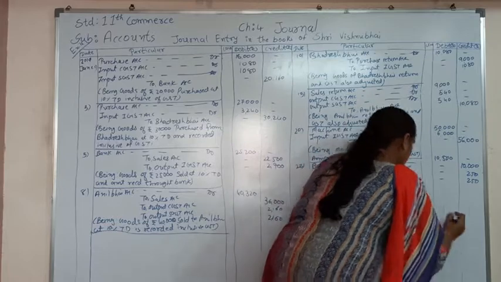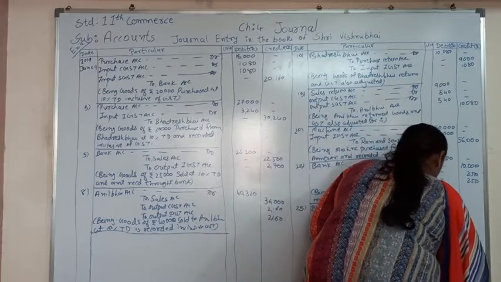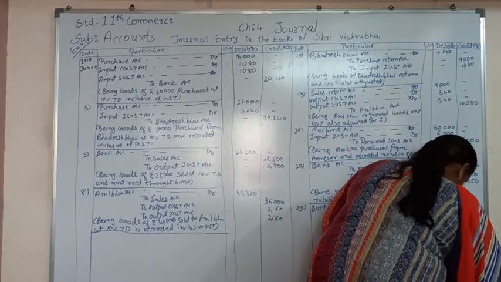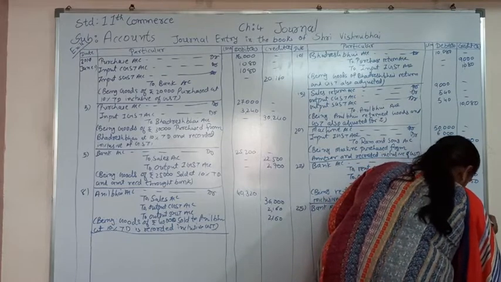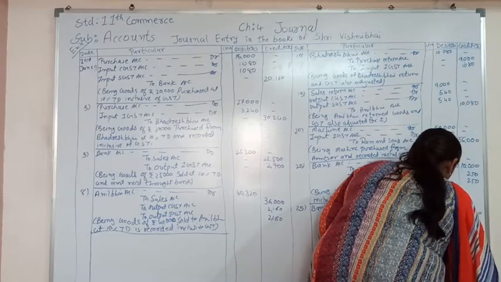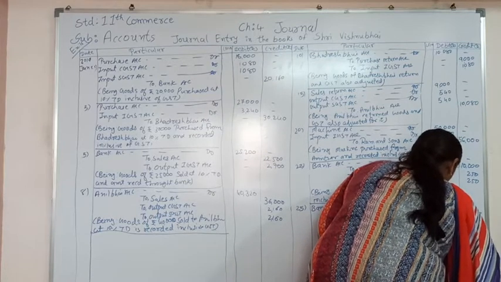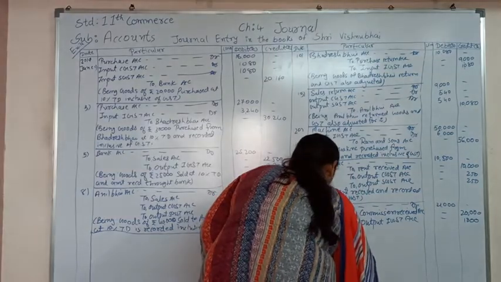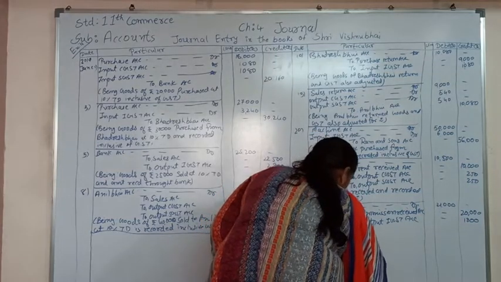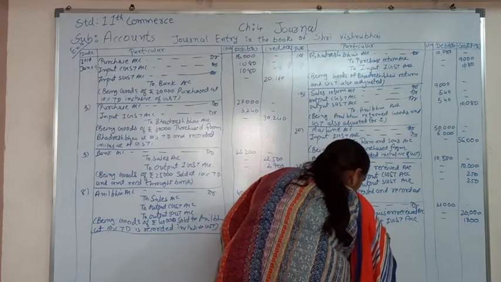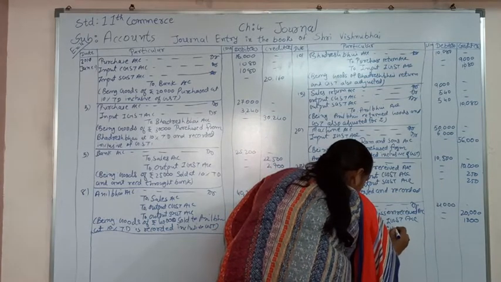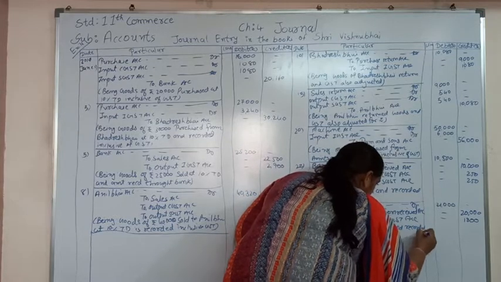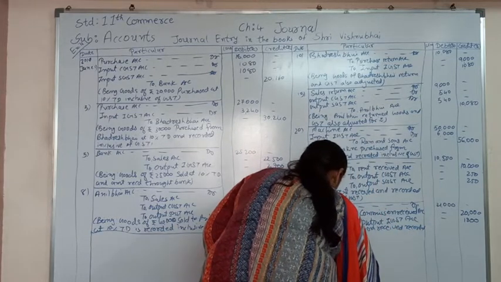Commission received is rupees 20,000 and 5% of that will be 1,000, and here the total will be 21,000. So here being commission received recorded with GST.